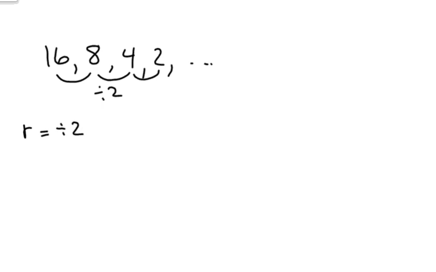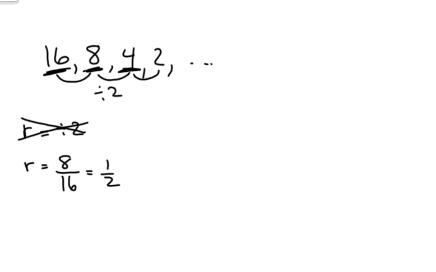That's not correct. An R value is the factor, what you multiply by. Dividing is not an R value. How can you do this? Take the 8, term 2, divide it by the previous term 16. 8 over 16 is an R value of 1/2.